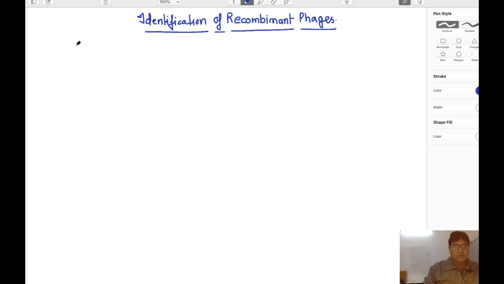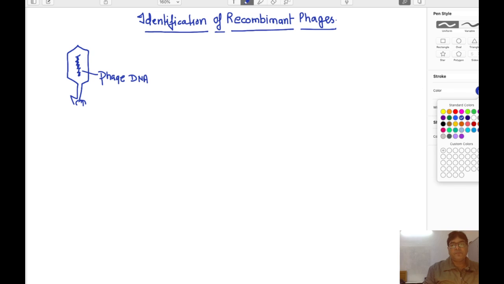Suppose I show you the diagram of a common bacteriophage which has a head and a tail. So this is the DNA which is found inside this phage. This is the phage DNA. So if we remove this phage DNA from the phage by certain techniques, and then we insert our gene of interest in this DNA.